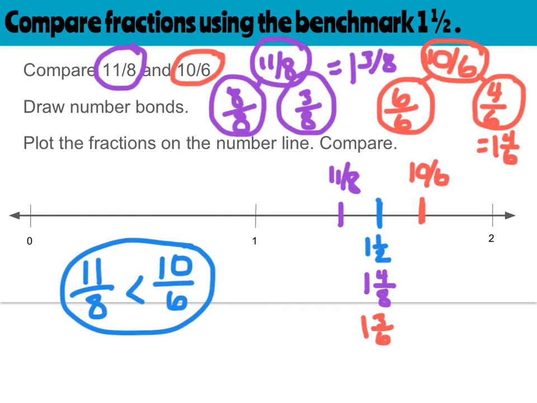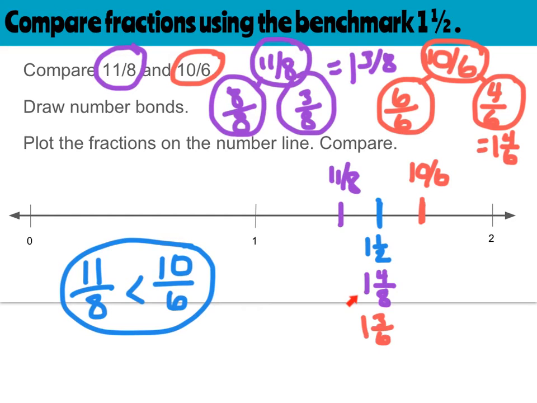Now for plotting. For this one, 1 4/6, I looked at my 1 1/2 benchmark, which is 1 3/6. So I know that my fraction should be 1/6 larger. So 10/6 would land right here. For my purple fraction, 11/8, I knew that 11/8 was the same as 1 3/8.